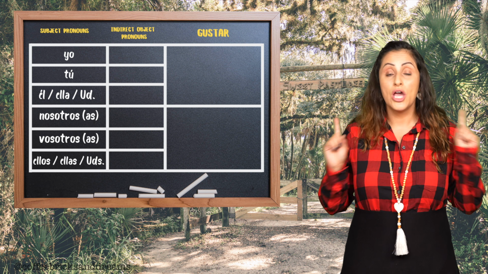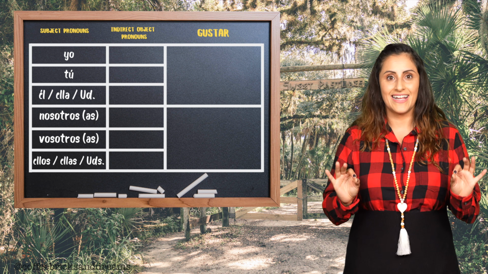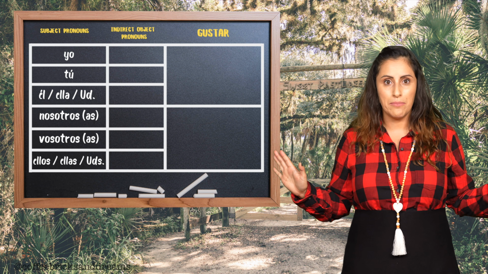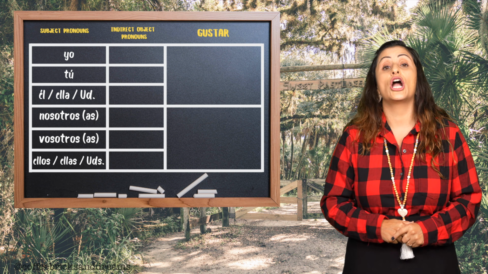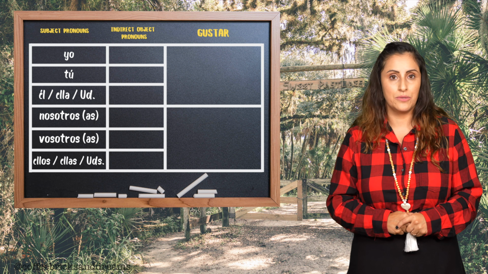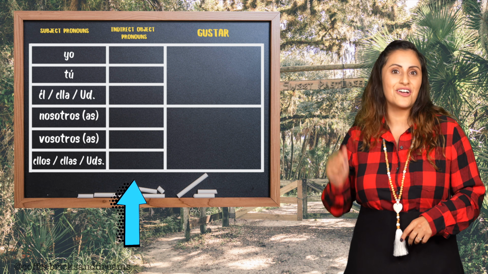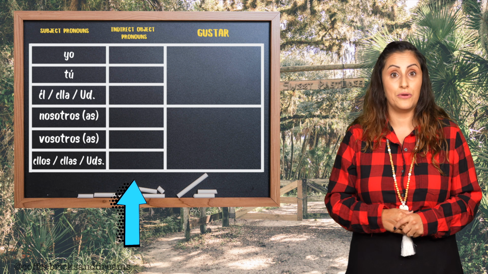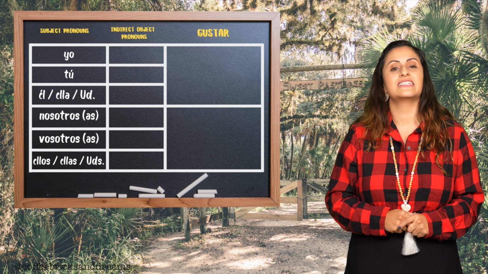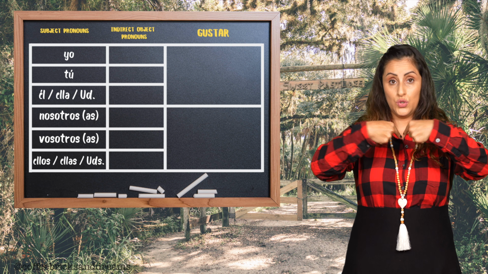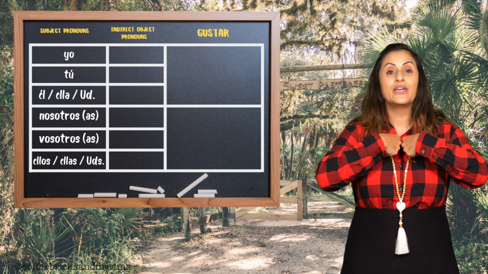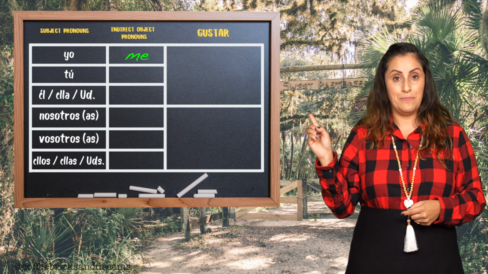So one more time, with the verb gustar, and that is the only verb that we're going to worry about for now, we are not going to use the subject pronouns. Instead, let's go ahead and fill out our indirect object pronouns. If you want to say something is pleasing to me, we are going to say me.